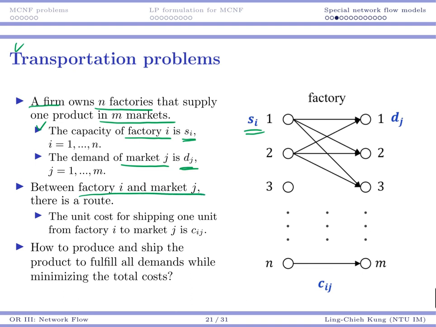Between factory i and market j, there is a route, a link, and there is a unit cost C_ij for shipping one unit along that link. Our decision is to produce and ship products to fulfill all demands while minimizing the total cost. Obviously, this is a special case of MCNF, right? So let's see why.